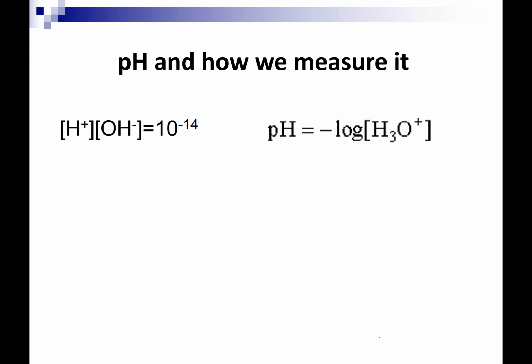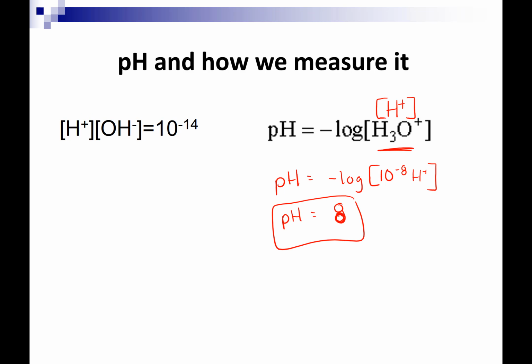So let's talk about this pH and how we measure it. So we know it has to do with the amount of hydrogen ions, right? And it has this crazy negative log of the concentration of hydrogen ions. And oh my gosh, math, right? So let me show you actually how easy this is. So the pH of a solution that has 10 to the minus 8 hydrogen ions has a pH of 8.